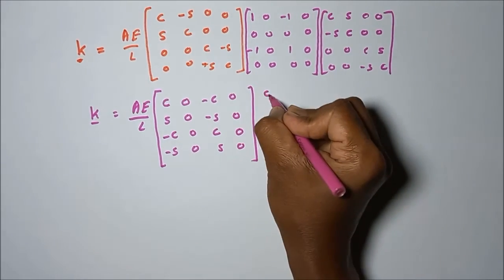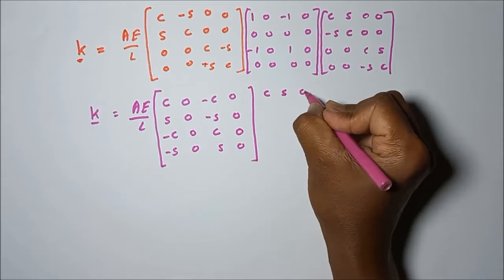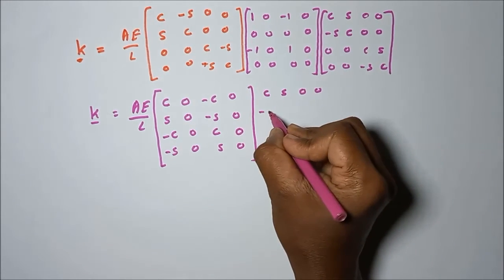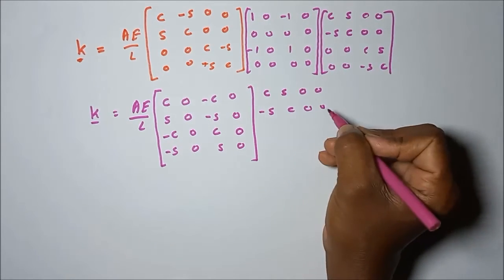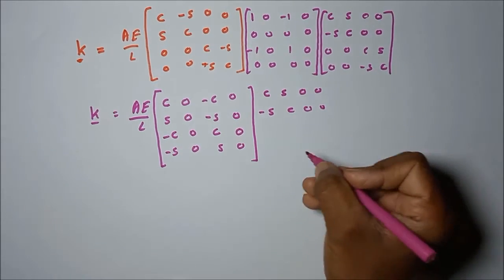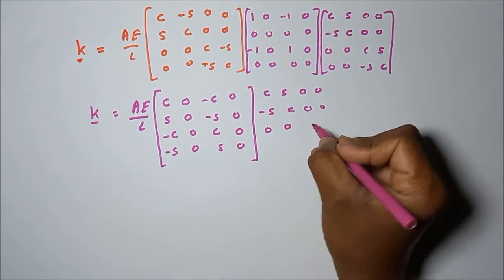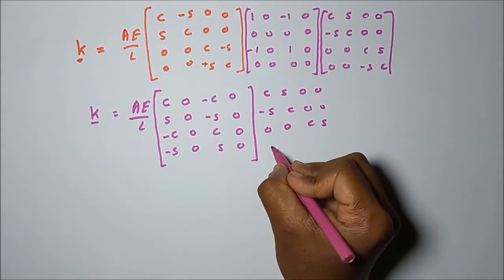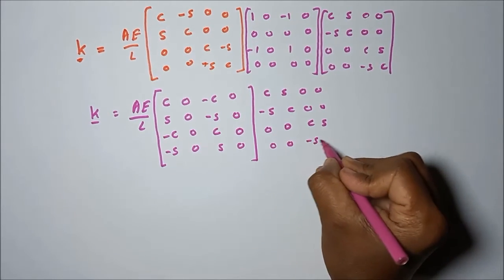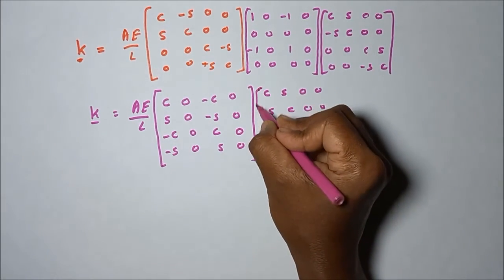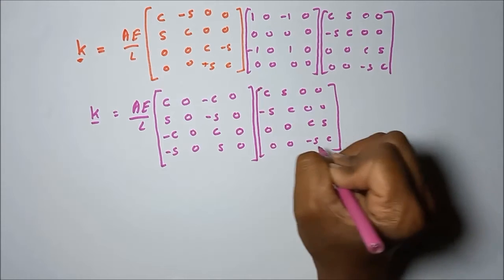Then this matrix, C S 0 0, minus S C 0 0, 0 0 C S, 0 0 minus S C. Then we have to multiply these two also.